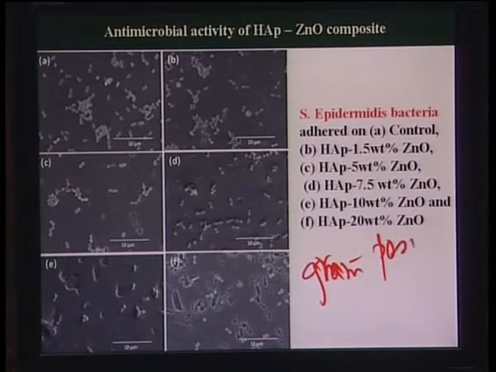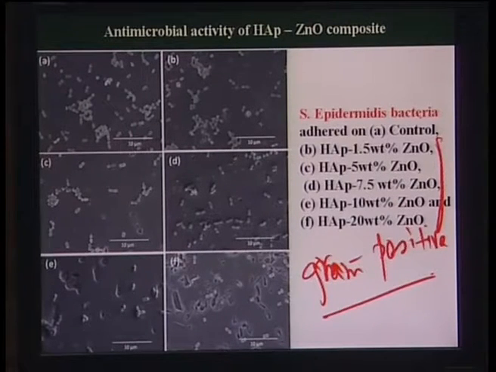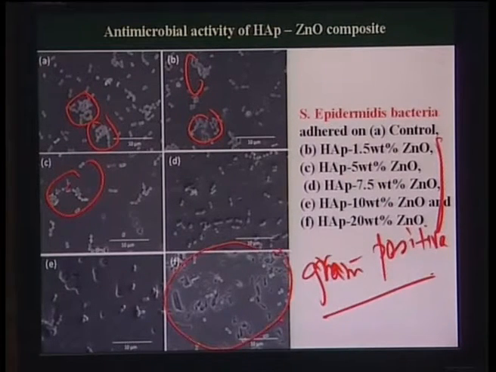These gram positive bacteria were cultured or seeded on this series of hydroxyapatite zinc oxide composites, and again you have this large colony, and this colony is also present to some extent at the lower amount of zinc oxide content, but at a higher amount of zinc oxide content, the number as well as the colony formation is much less significant. Therefore, these materials which have very high zinc oxide content have good antimicrobial property.